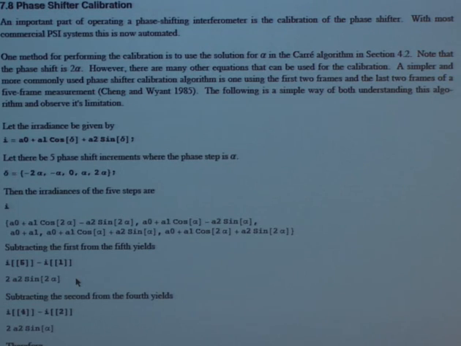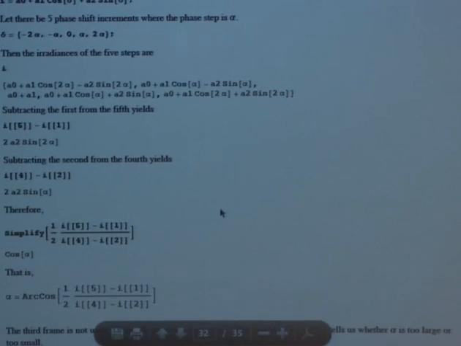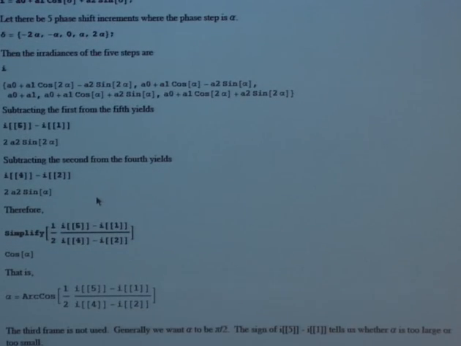Well, 2A2 sine of 2 alpha, I should say. And if we take the 4th one minus the 2nd one, you'll get a 2A2 sine of alpha. So here's sine of 2 alpha, this is sine of alpha. And then if we simply take the 1/2 of I5 minus I1 over I4 minus I2, it drops right out that this is equal to the cosine of alpha, the phase shift.